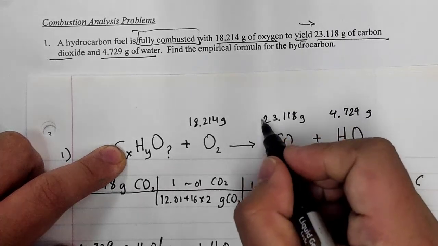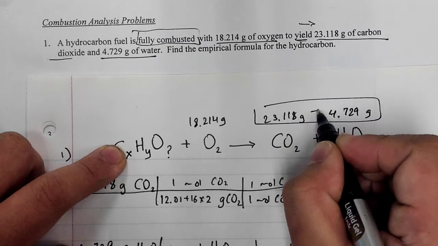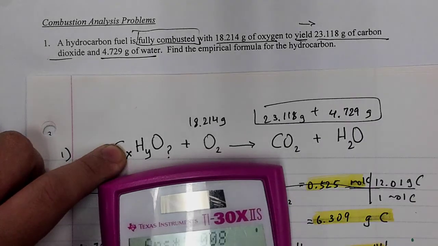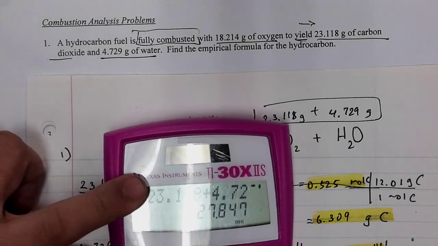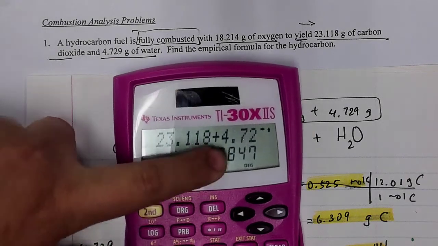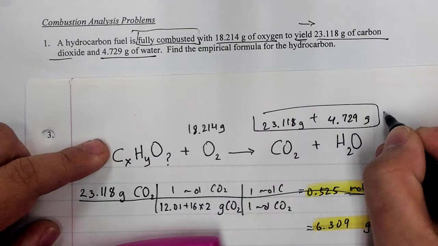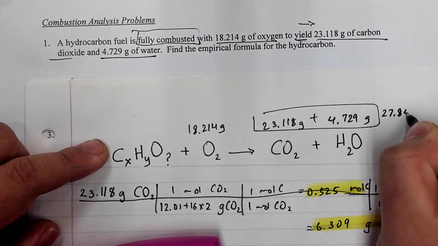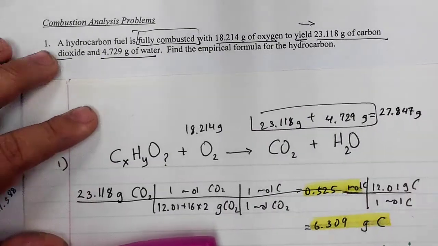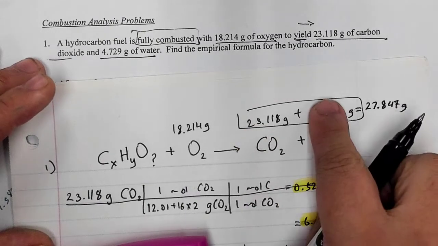What you can do is add these two up, 23.118 and 4.729. If you do that, you get an answer of 27.847 grams. That is how much product I have.